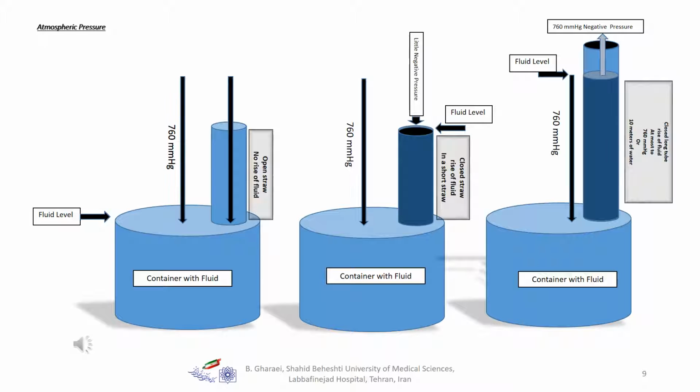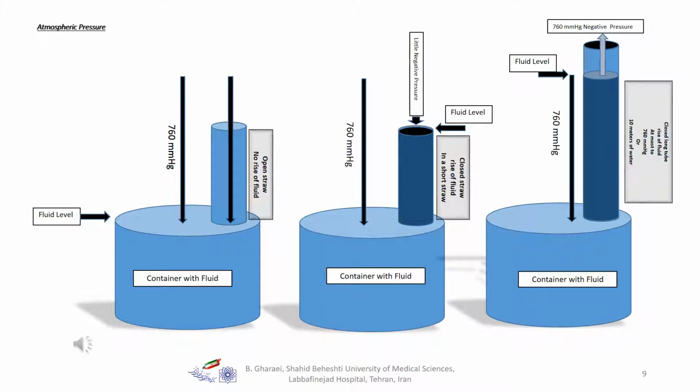In the middle figure, you can see that we have closed the end of a straw and brought it up, but not more than 10 meters of water or equal to 760 millimeters of mercury. So you will not have empty space at the uppermost part of the straw. But on the right side, you can see that you have a tube.